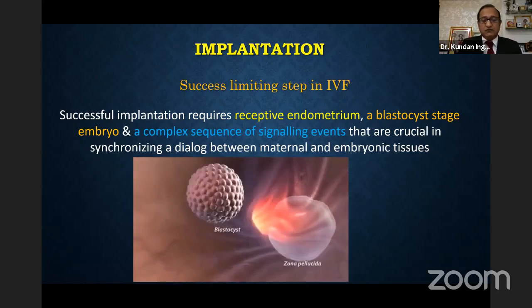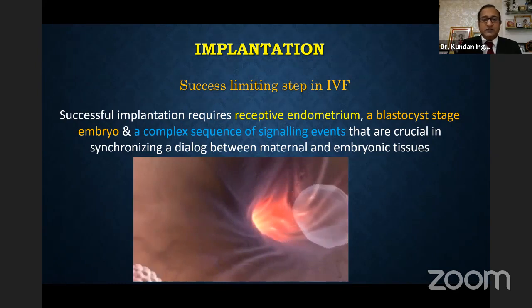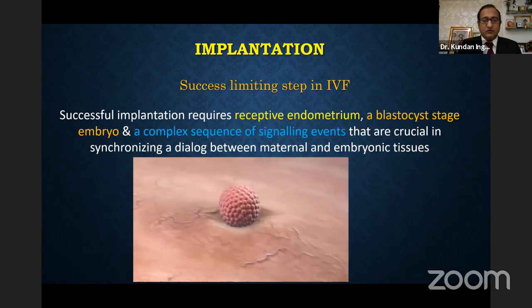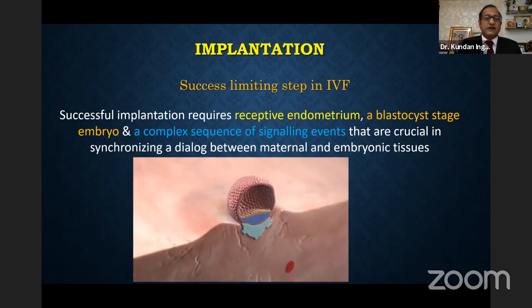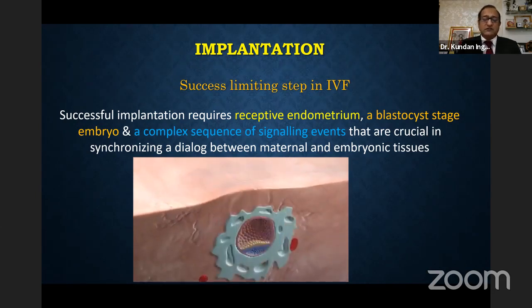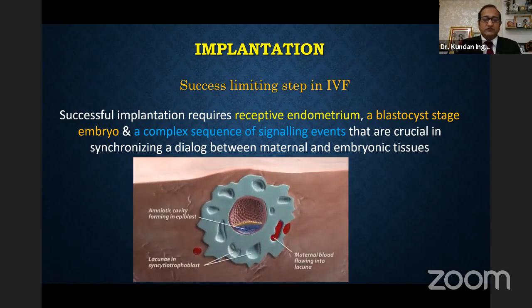Now, for a successful implantation, we need at least 3 important factors. One is a receptive endometrium. We need a very good quality blastocyst embryo, and also a complex sequence of signaling events that are crucial in synchronizing a dialogue between the maternal tissue and the embryonic tissue, which will mediate the process of implantation.